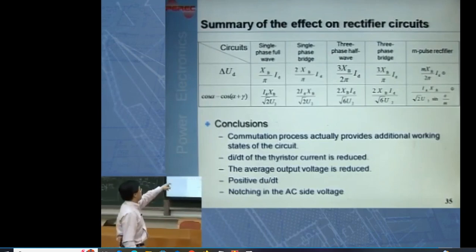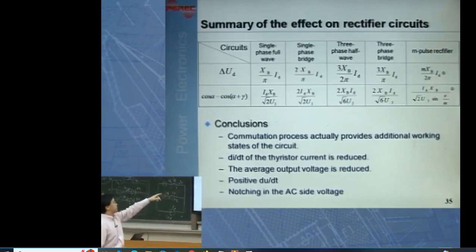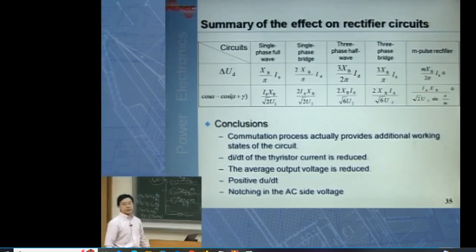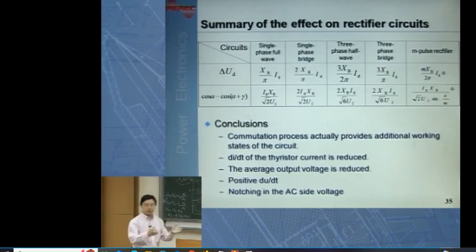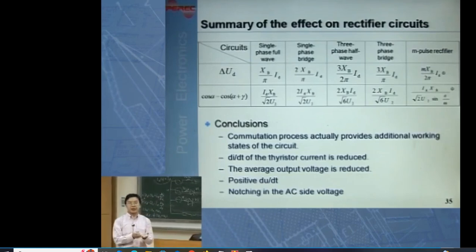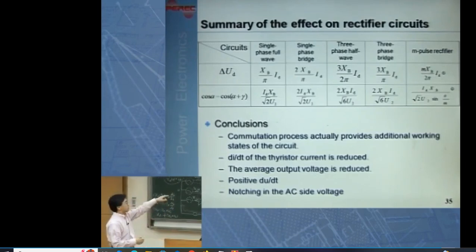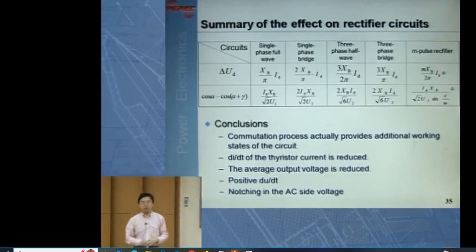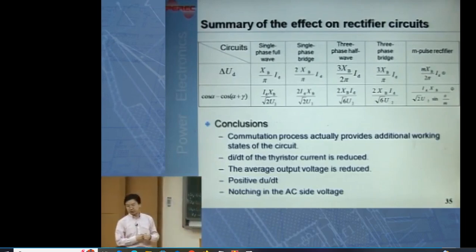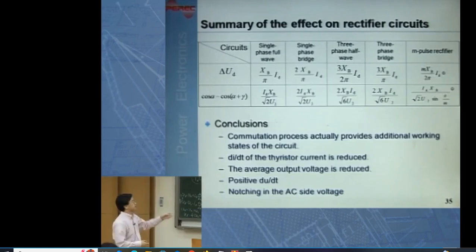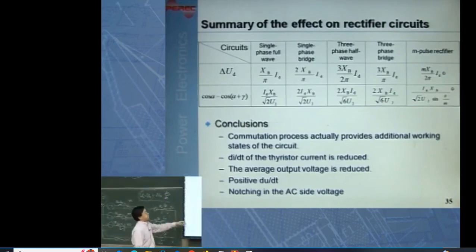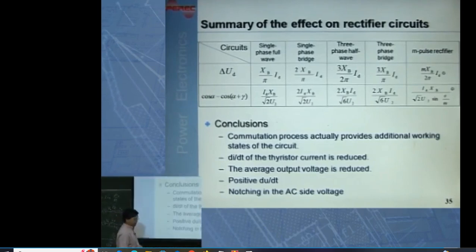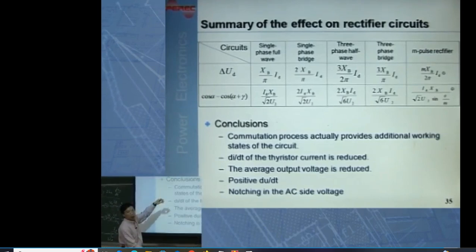We have a table here, listing, for all different rectifier circuits, what is the total output voltage reduction caused by this leakage inductance, and how to calculate the commutation angle for each. We will not get into details. You go through that after the class.